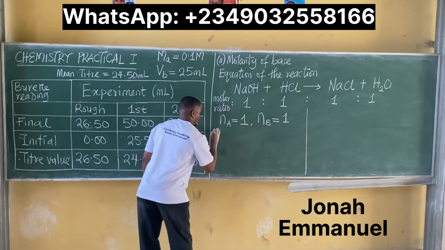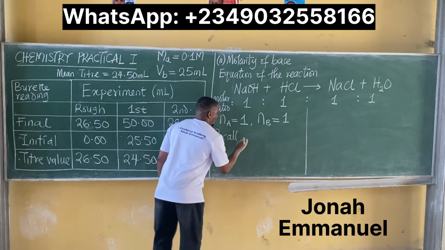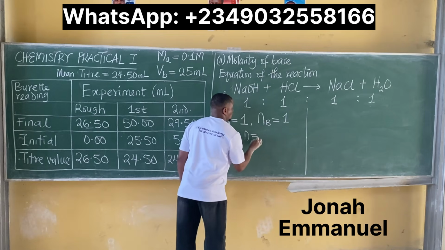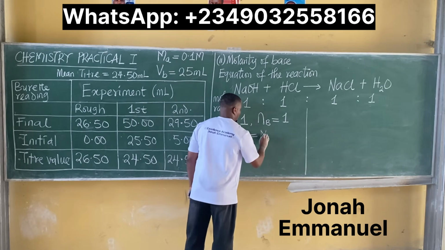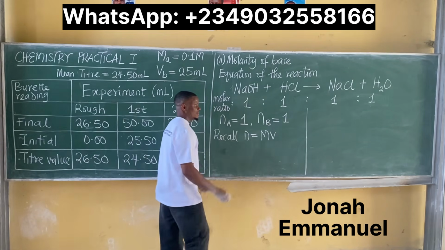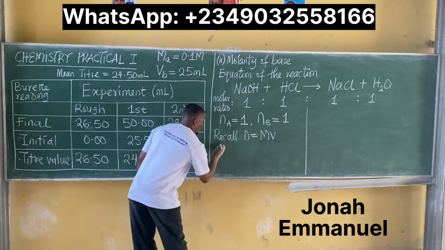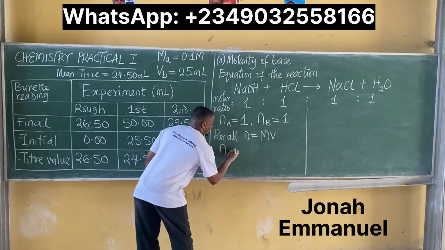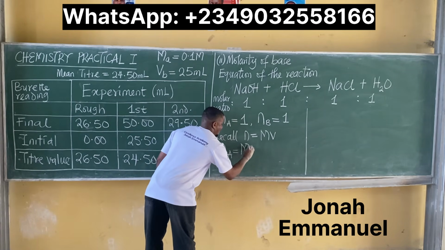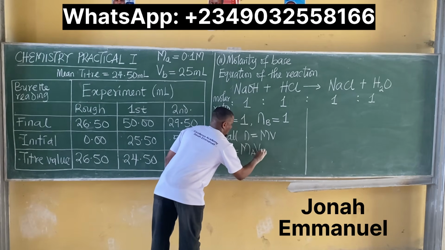At this point, let's recall a formula. Recall that the number of moles n is simply equal to the product of molarity and volume. That means for the acid, the number of moles of the acid is equal to the molarity of the acid times the volume of the acid.